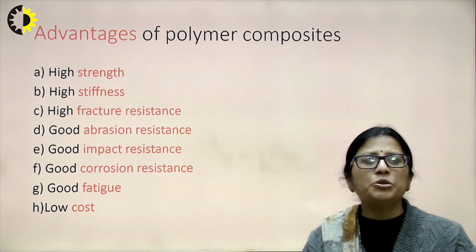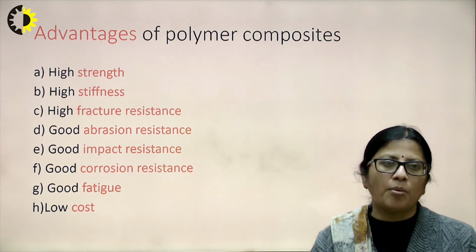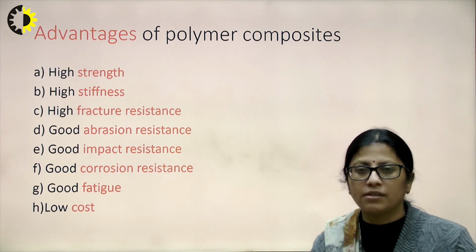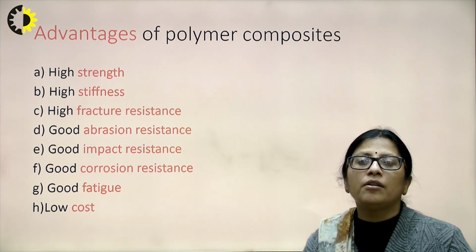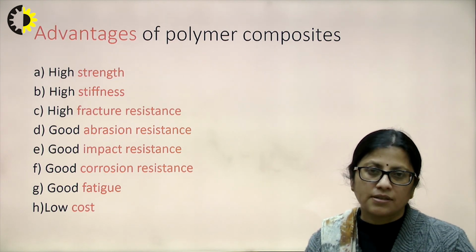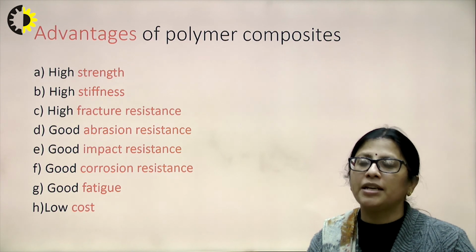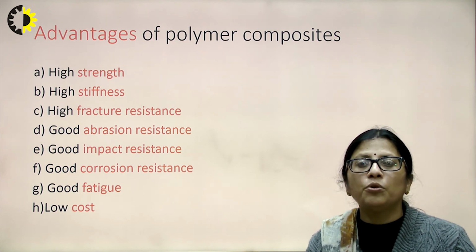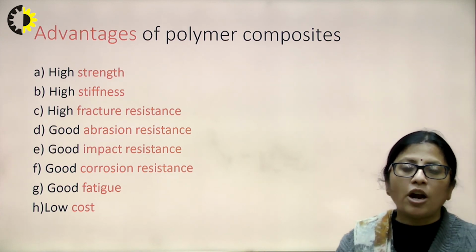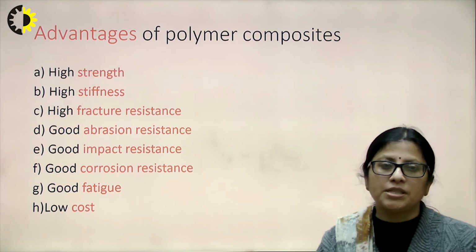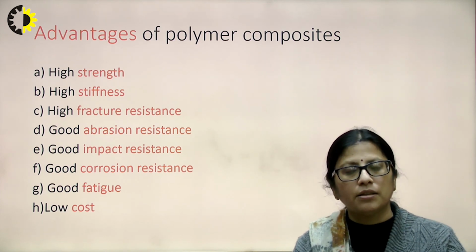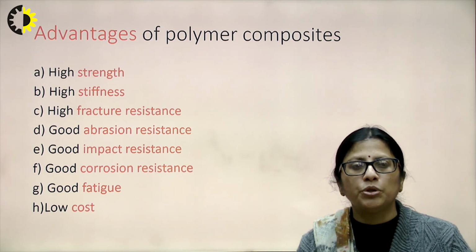Now, coming to the advantages of polymer composites. Polymer composites possess high strength, they are very stiff, they are fracture resistant, they do not break down easily. Then they have good abrasion resistance, that means their surface will not vary with time, the surface stays smooth the way we are going to use it.